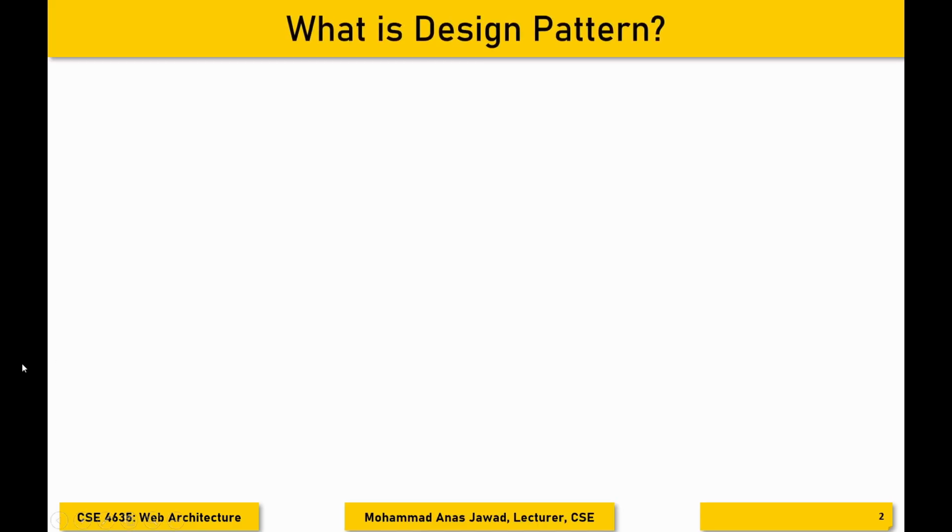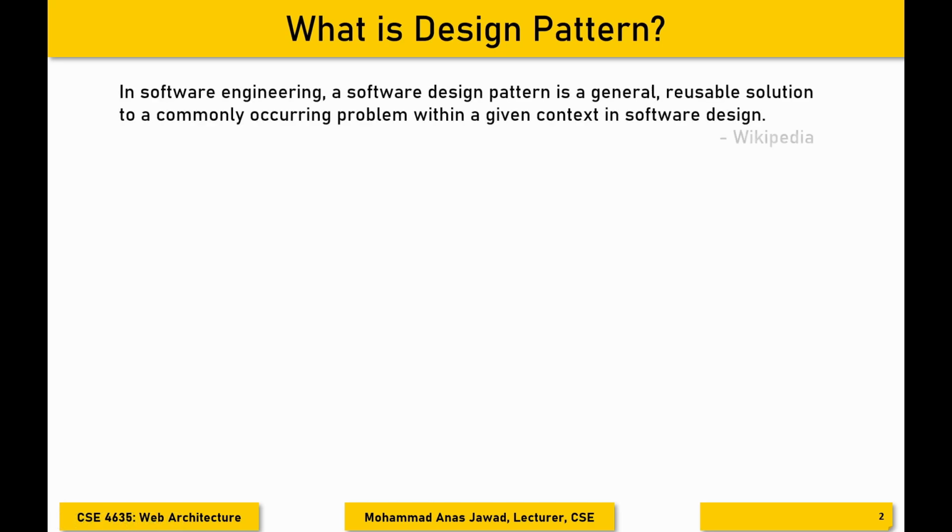So let's try and understand what design patterns actually are. According to a definition from Wikipedia, in software engineering, a software design pattern is a general reusable solution to a commonly occurring problem within a given context in software design. So let's see what we can exactly take away from this definition. We can say that patterns provide us reusable solutions to recurring problems.